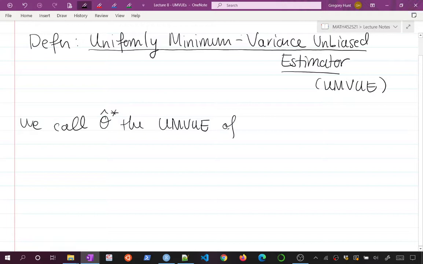And here we're estimating some quantity. Generally, that quantity could be a function of a parameter. Maybe we don't want to estimate theta directly. Maybe we want to estimate theta squared, or square root of theta, or log of theta, right?